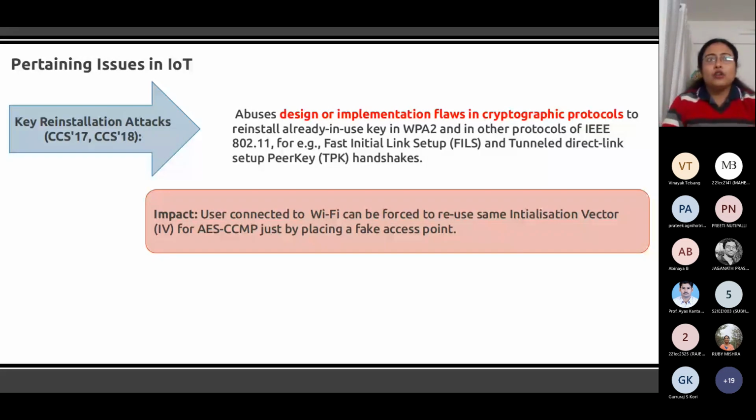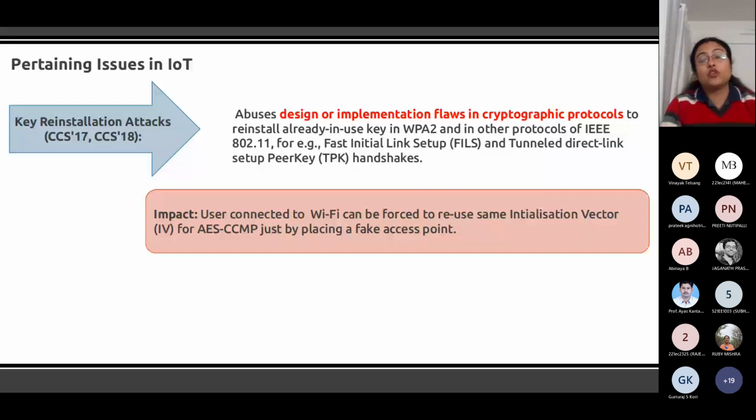Now the attacker was sitting between the client and server as a fake access point, making the client join the fake access point and then doing a replay attack between the client and the access point. The attack was designed in such a way that you reuse the same initialization vector again and again.